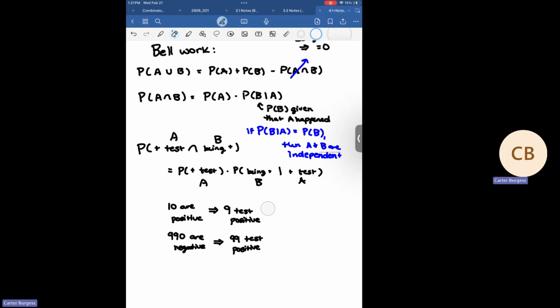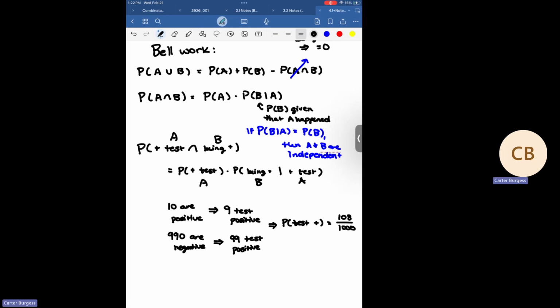All right. And so what is the likelihood of testing positive? How many total positive tests? Well, that was total positive people was 10, but the total number of positive tests is going to be 108 out of 1,000.